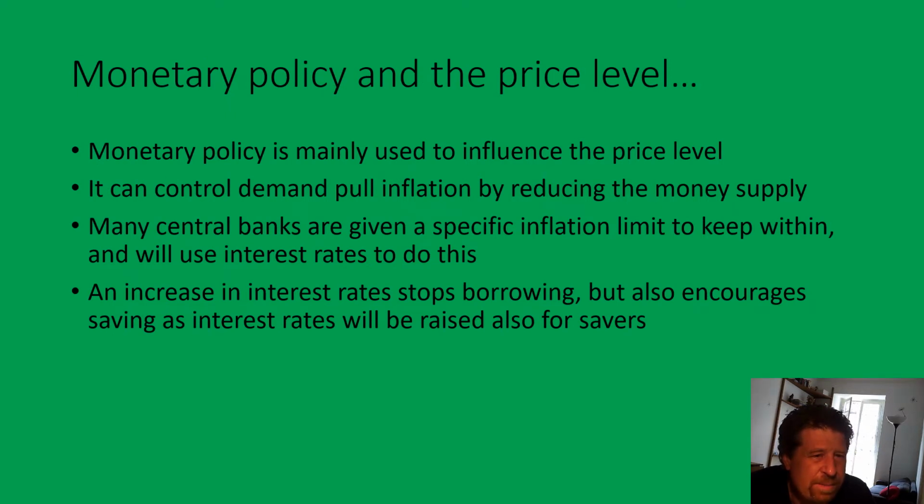So monetary policy is mainly used to influence inflation. Normally it's used by the central bank to really keep a lid on inflation, stop inflation getting out of control. So it will regulate the flow of money according to the price stability the economy has.